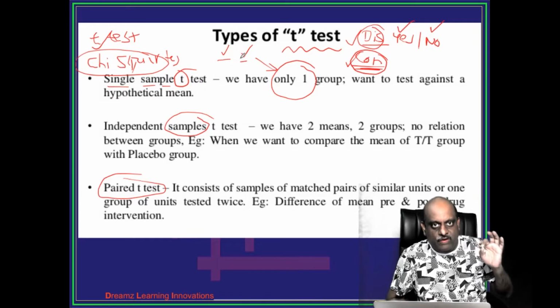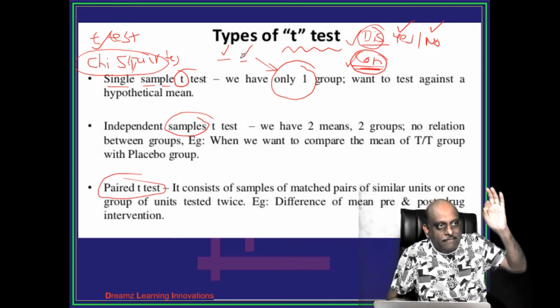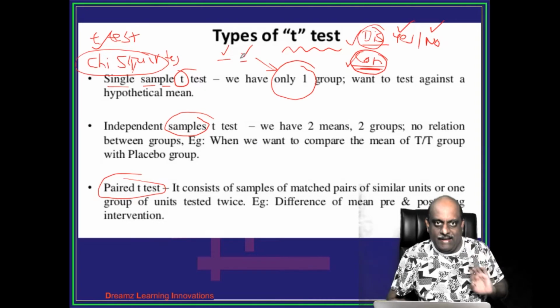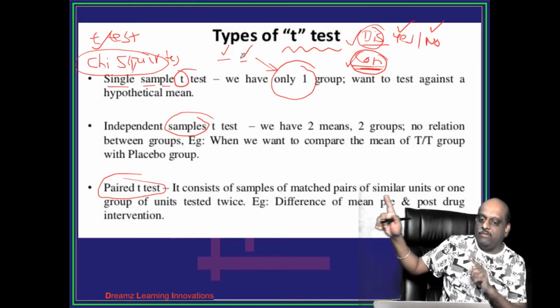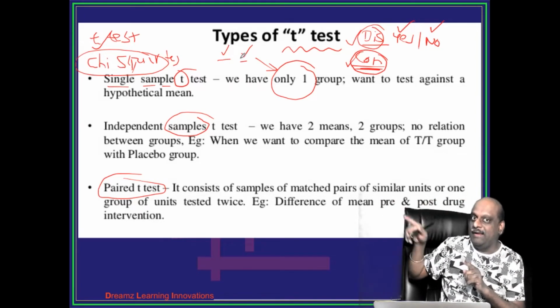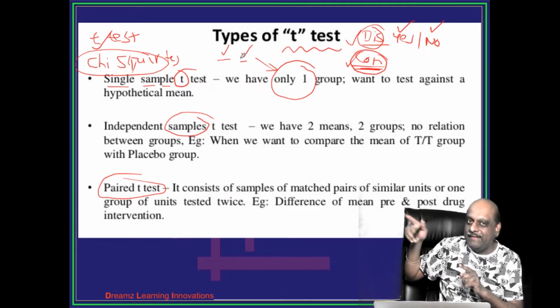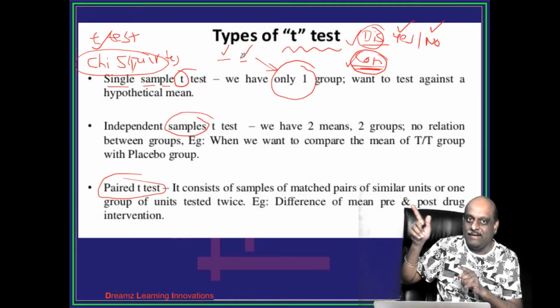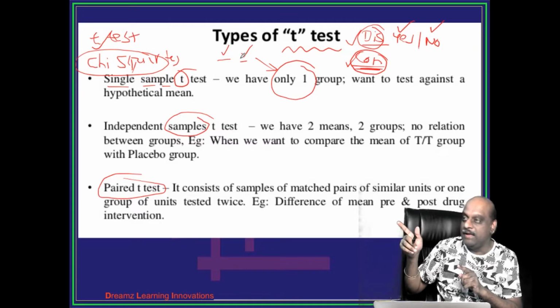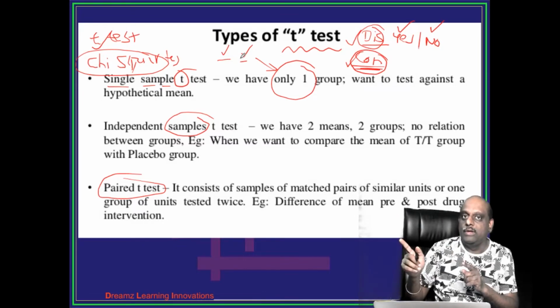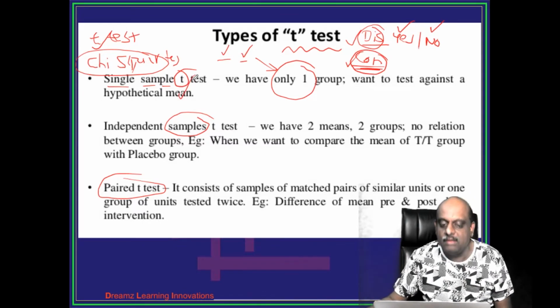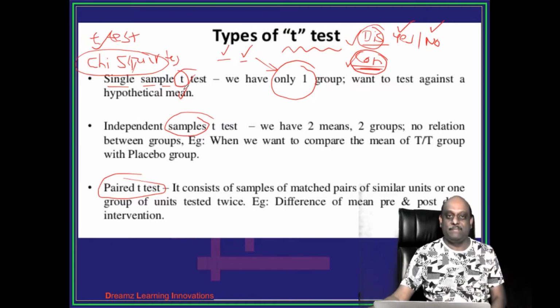Weight is a continuous variable. The mean value of the weight of the population in Delhi, you want to compare it with a hypothetical mean. India as a country has a mean value, right? A hypothetical mean value is there. You try to compare the two, that is called single sample t-test.